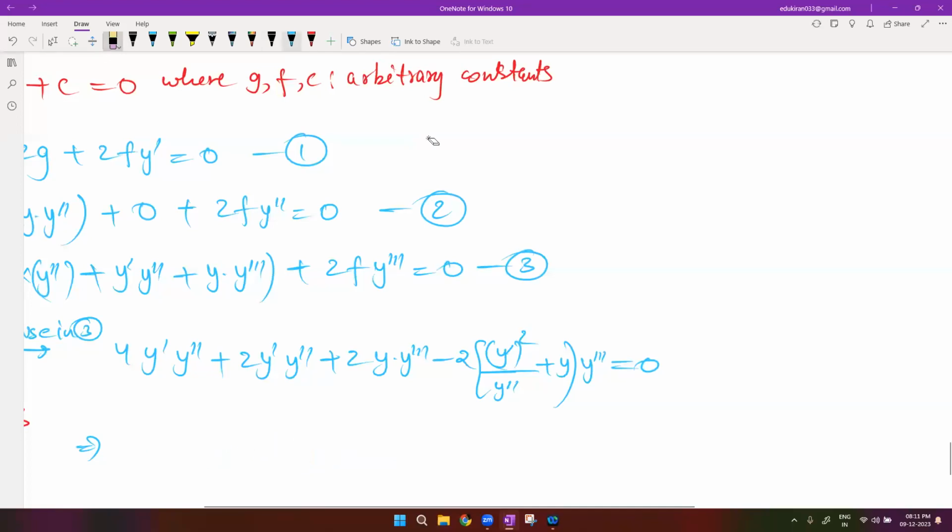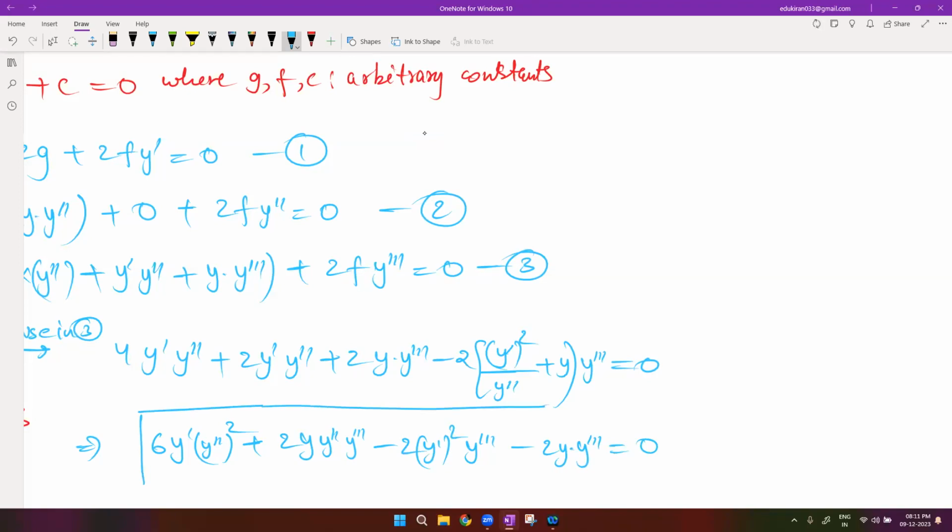I'm actually writing the final equation. 6 times y dash y double dash whole square, plus 2 times y double dash y triple dash, minus 2 y dash whole square y triple dash, minus 2y into y triple dash is equal to 0.